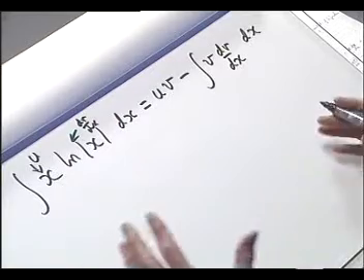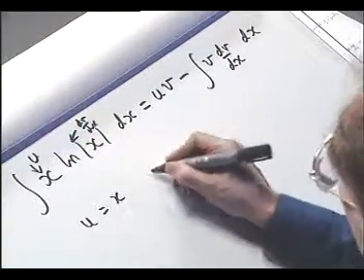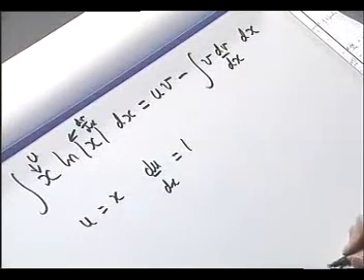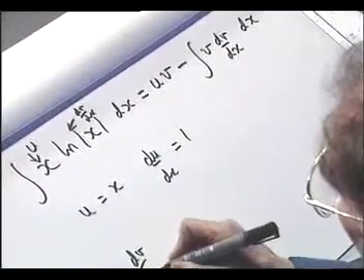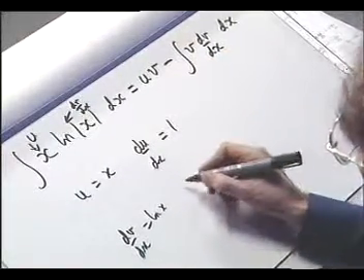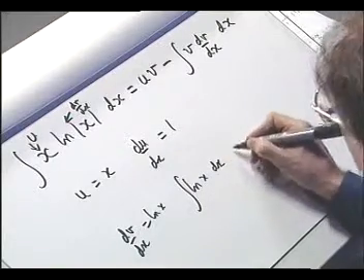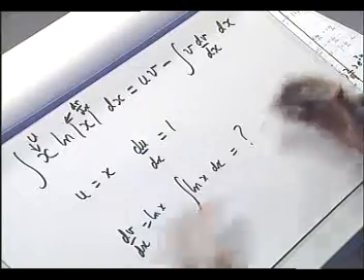Okay, we know we're going to have to differentiate x. U equals x, so du by dx is 1. And we've got dv by dx equal to the log of x, and we've got to get v out of it, so we've got to be able to integrate the log of x with respect to x. Do we know what the integral of log of x is? Well, no, we don't.